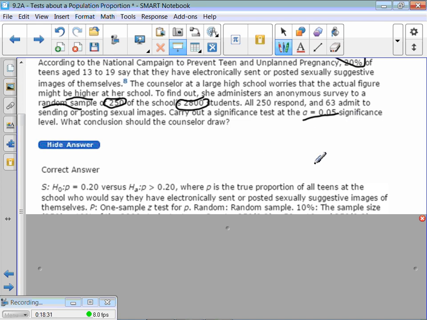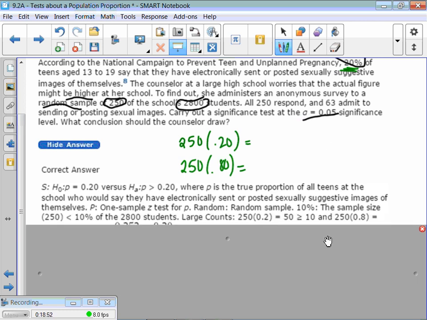And then we have to check our n times p and n times 1 minus p. So n is 250. P is the proportion from the null, so 20%. And then you want to check 250 times 80% and make sure you get greater than or equal to 10, which we do.